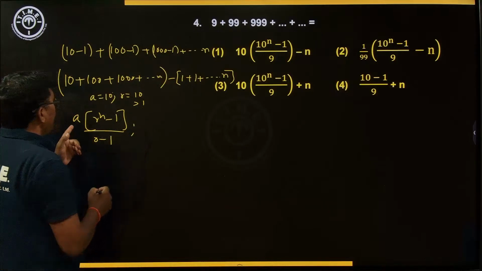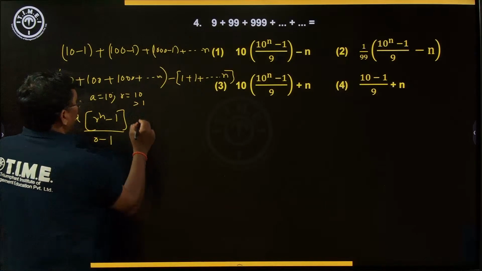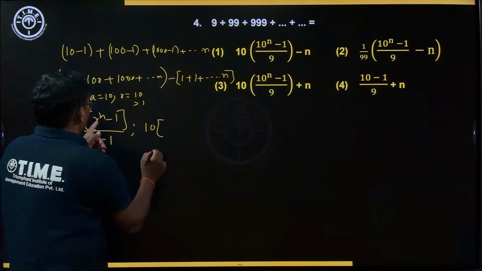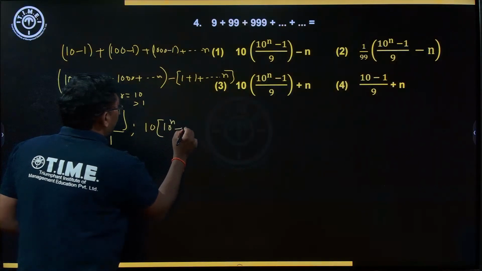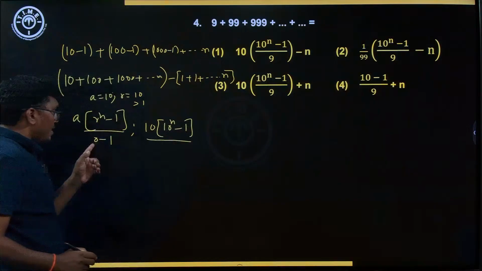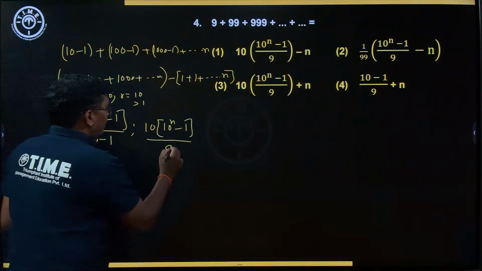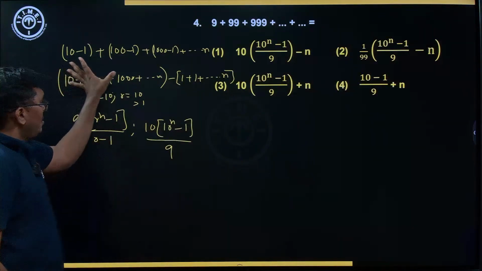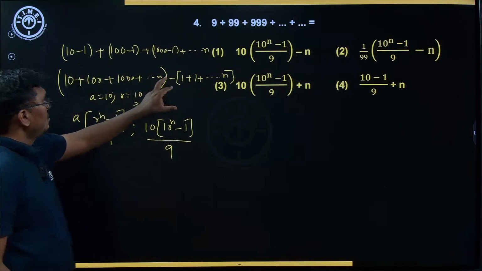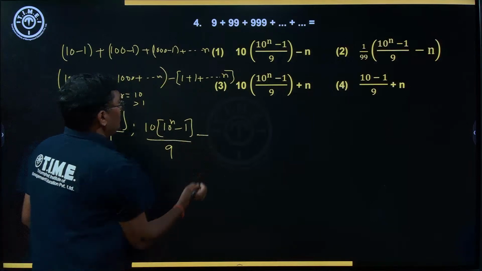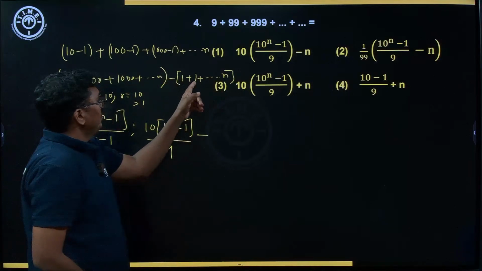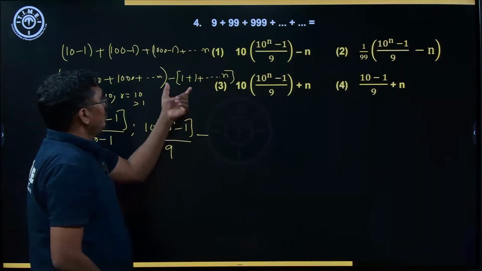Okay. So what is the A value? A is 10. R is 10. So 10 into 10 power n minus 1 by R minus 1, that is 10 minus 1, 9. So this is the value of the first expression. What is the second one? Minus, how many ones are there? 1 plus 1 plus 1 till n. If 2 terms are there, 2.